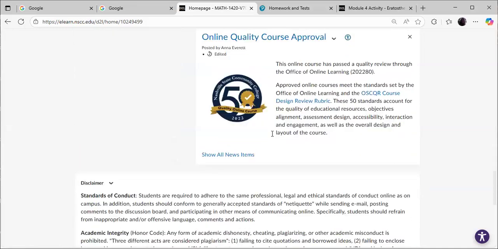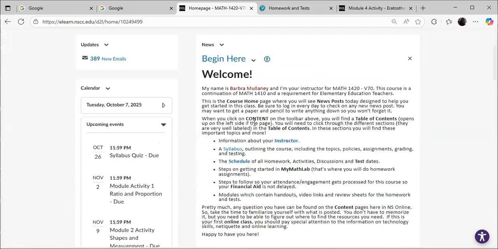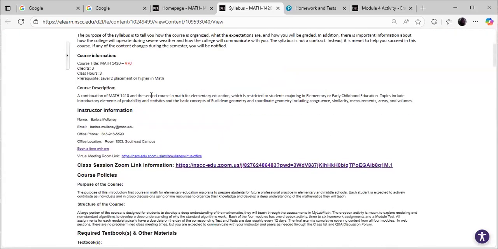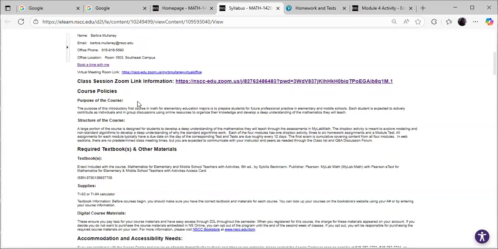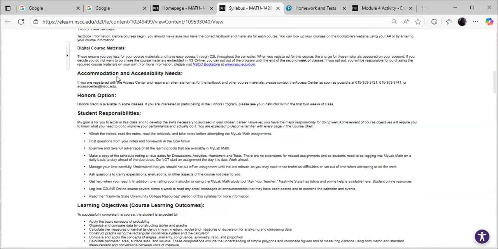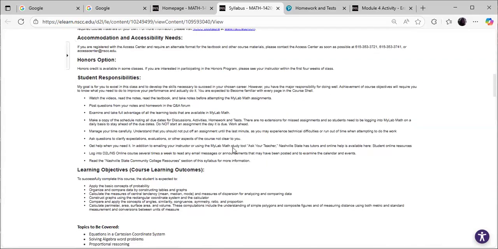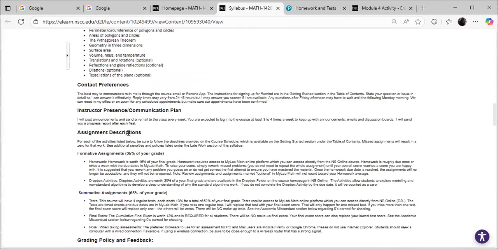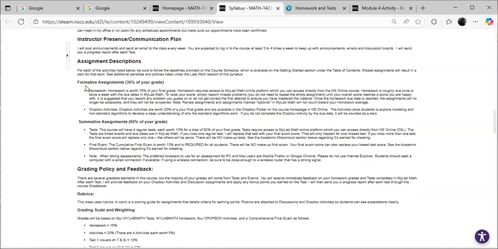Now I'm going to click on the first link to the syllabus and go over it very quickly. It'll be very similar to 1410 in the way it's laid out. I'll go right down to the assignment descriptions.